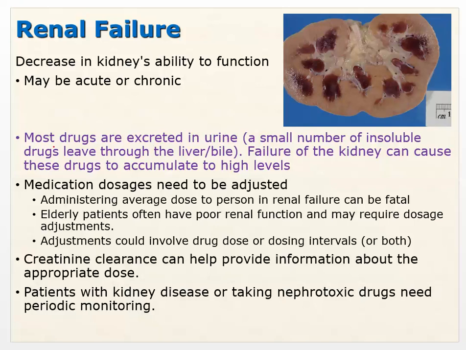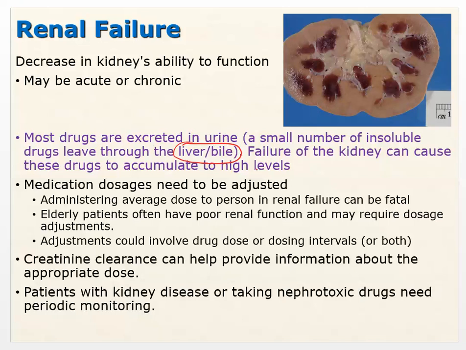So there are a small number of insoluble drugs that do leave through the liver in the bile. But most of the time it passes through the liver, which breaks them down, and then those metabolites may leave through the urine, but as long as it's in the blood, they have a chance of being excreted through the kidney. So either as the full drug or as a metabolite or a broken down product of the drug.